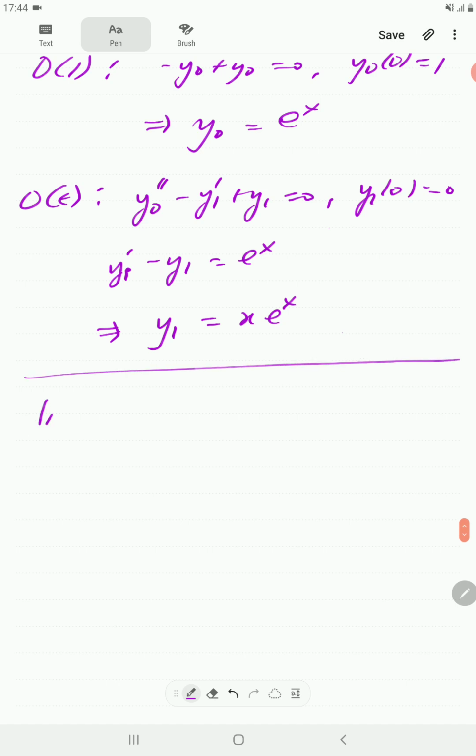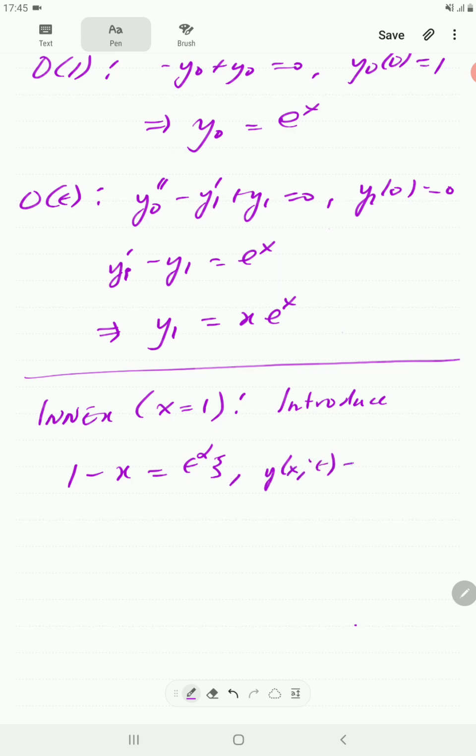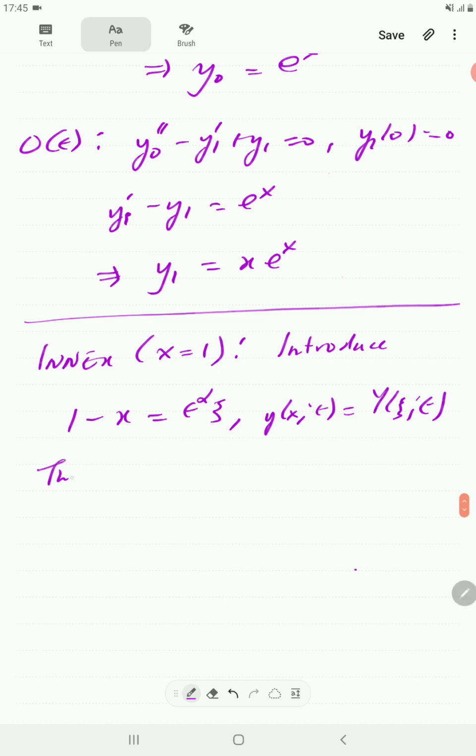Then for the inner region, which is going to be in the neighborhood of x equal to 1, we are going to introduce a scaled variable according to the equation 1 minus x equals epsilon to the power alpha times xi, and then y is going to be scaled to that capital Y. The derivatives then are going to look as follows.